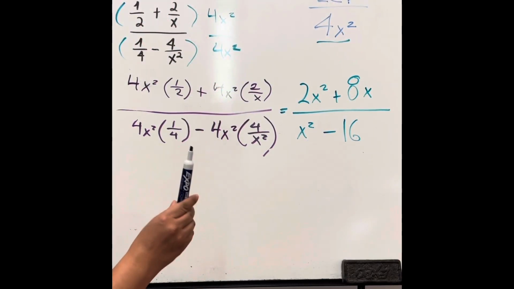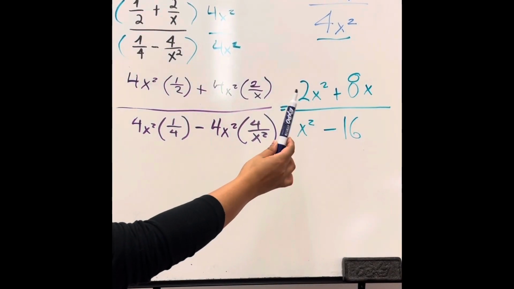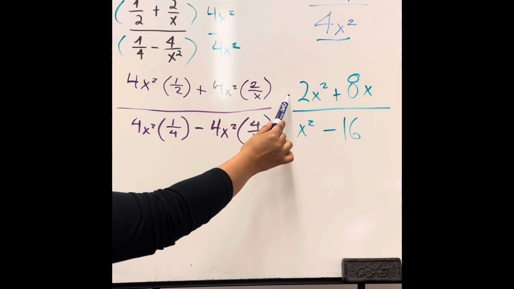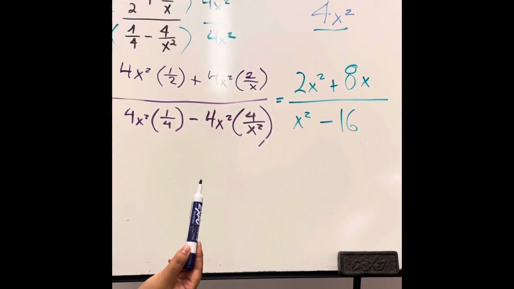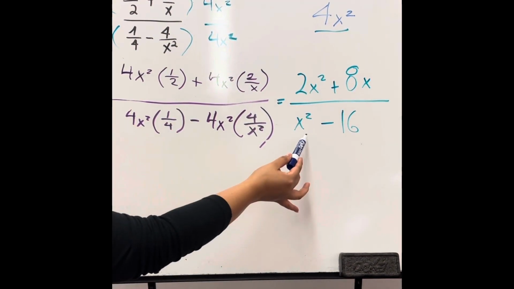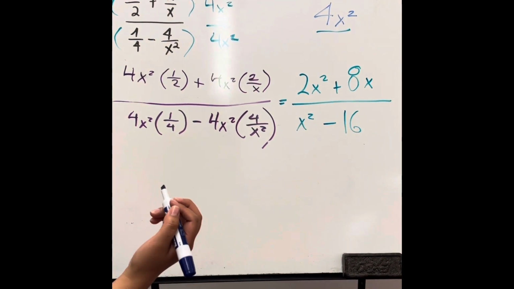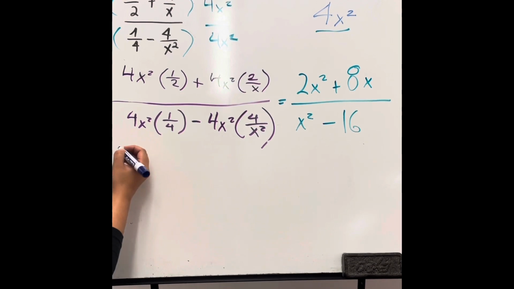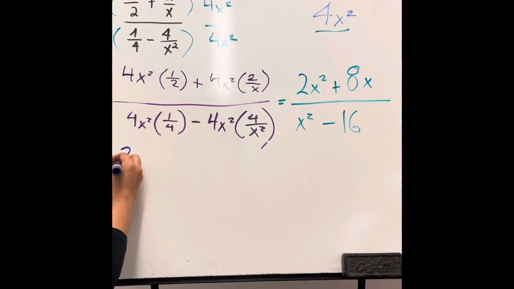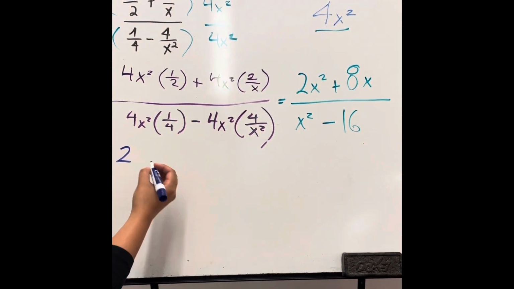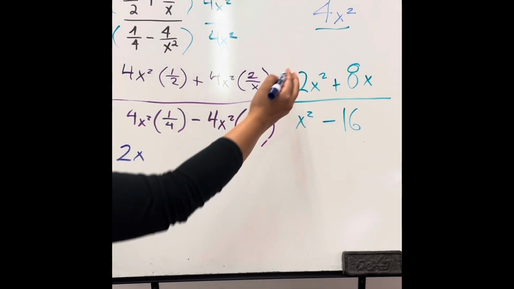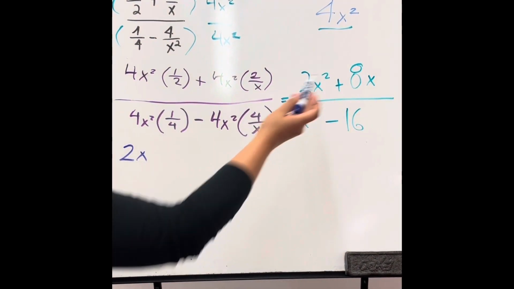Okay, so to solve this fraction, we have to factor. On the numerator up here, we have to find the common factors, and in the denominator, we have to find the perfect square. So what does that look like? With the numerator, we know that there's 2x squared plus 8x.